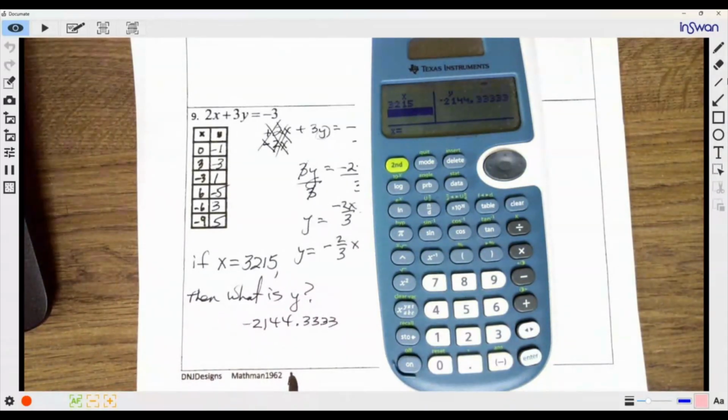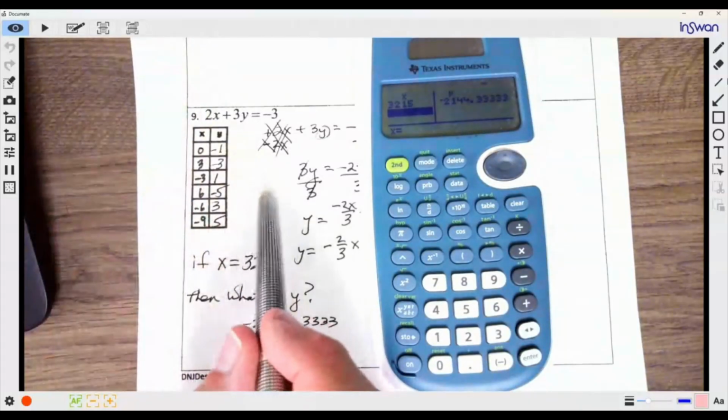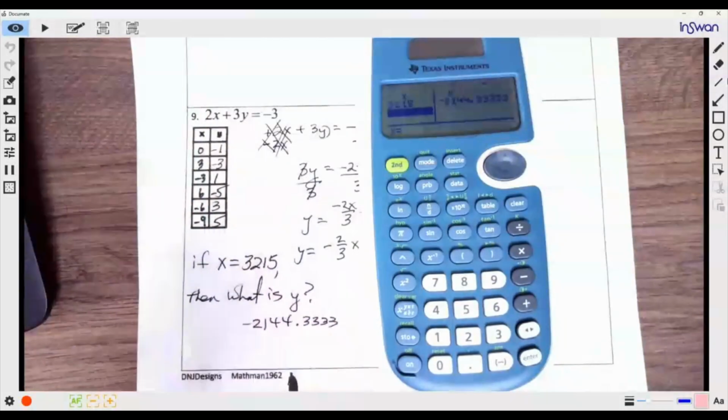So if you were wondering what that ask x means, if I have some very large value or very small value, it could have been negative 7,300.